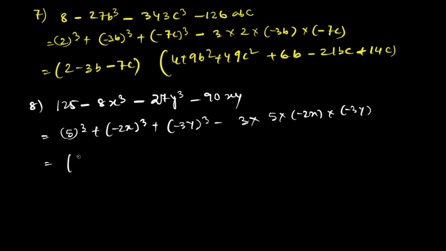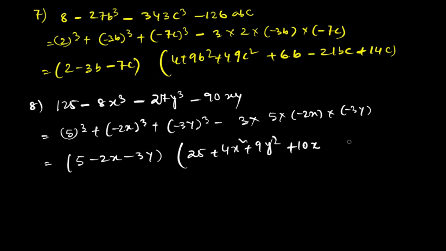That will give you (5 minus 2x minus 3y) times (25, 4x square, 9y square, then minus ab, so plus 10x, minus 6xy, then plus 15y). That's the question number 8.